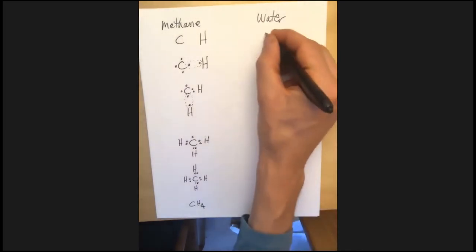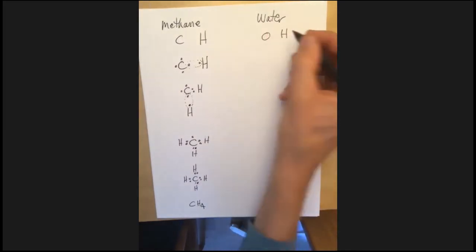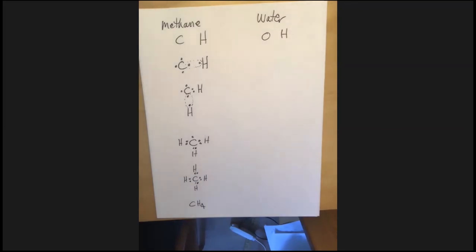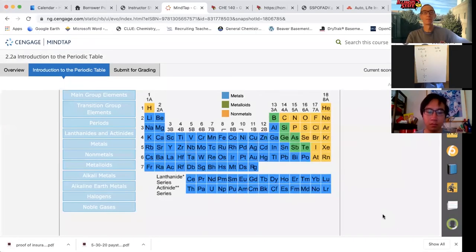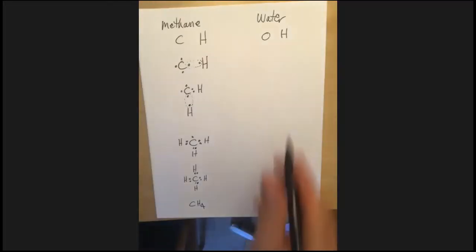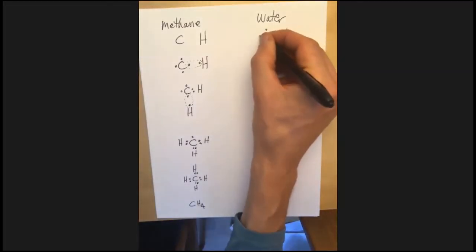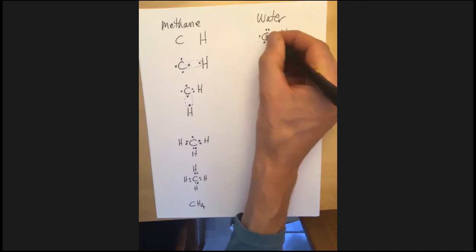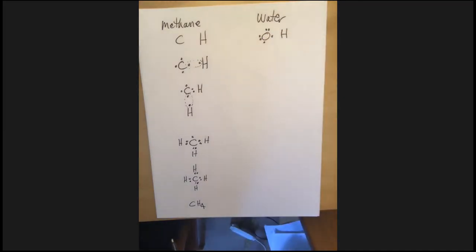So water is oxygen and hydrogen. If I go to the periodic table again, here's oxygen. Oxygen is in group number 6, so I've got 6 electrons. So let me come back to my oxygen. I've got 1, 2, 3, 4, 5, 6 electrons.